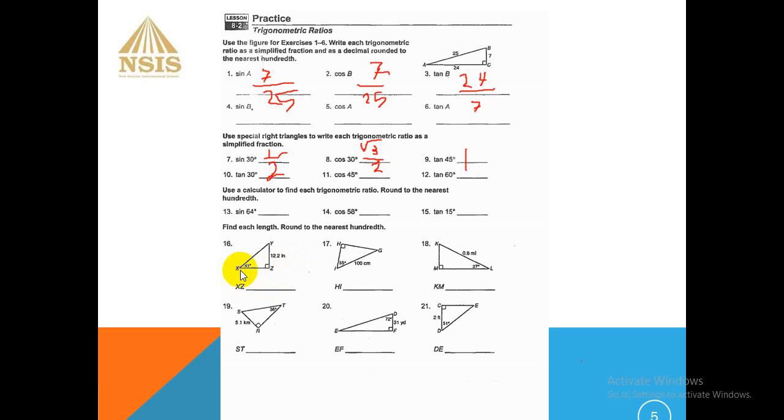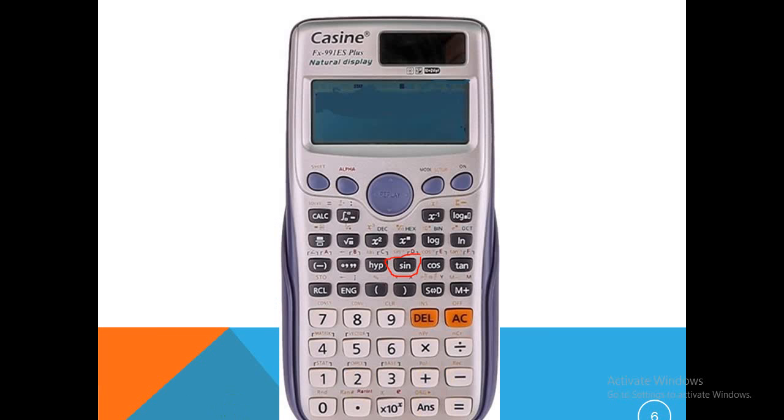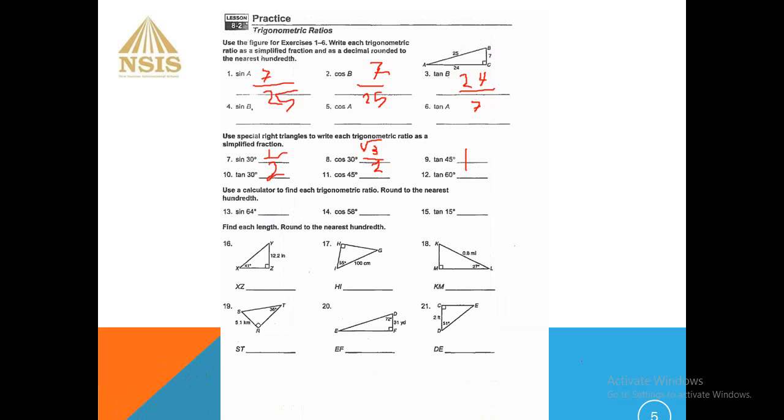If I want XZ and I have the angle 41, I must find angle Y. Angle Y will be 90 minus 41.